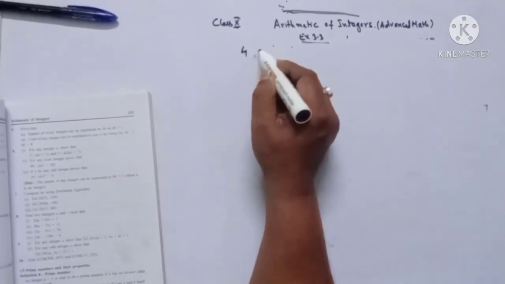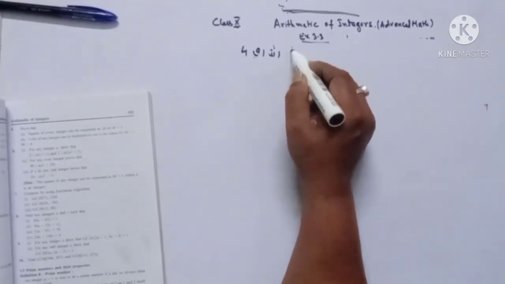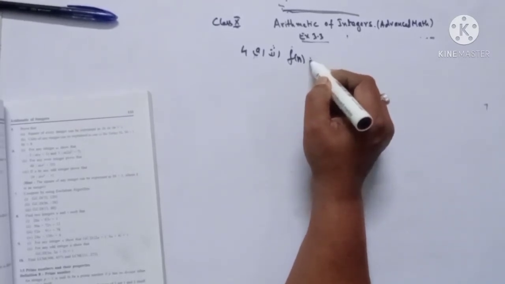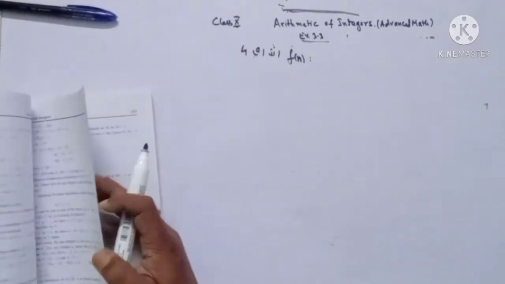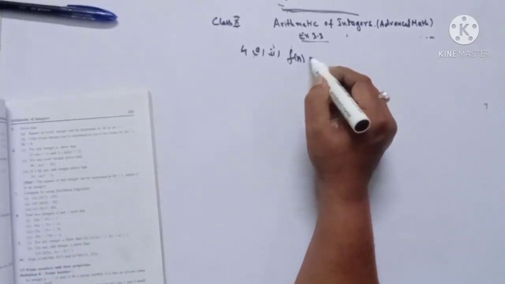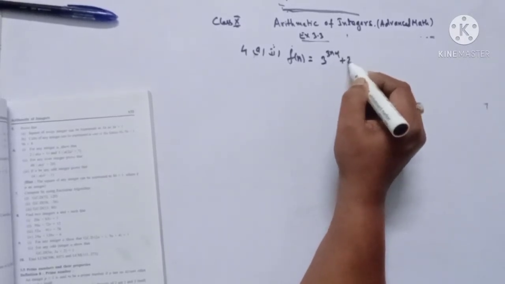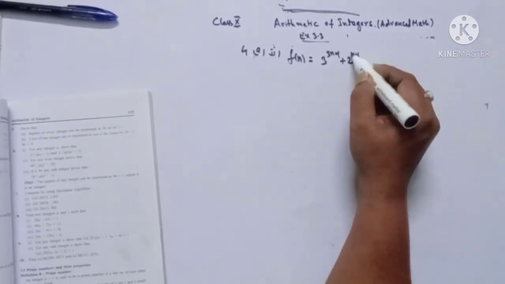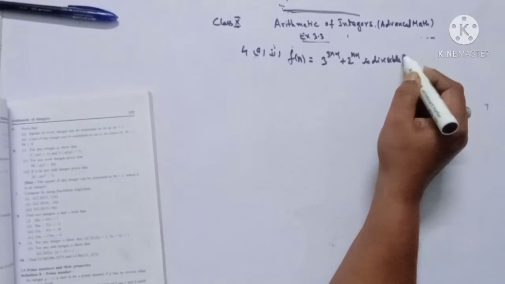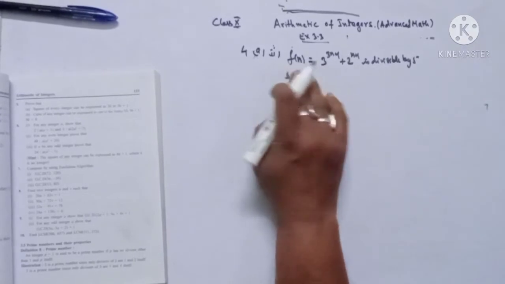4 a 2. Again here, I have to take this as fn equal to 3 to the power of 3n plus 1 plus 2 to the power of n plus 1, which is divisible by 5. So again I have to test for n equal to 1.